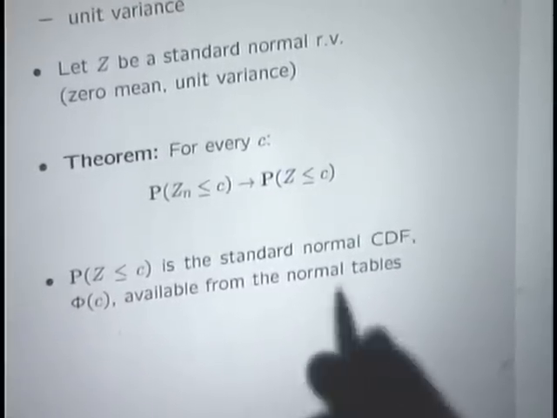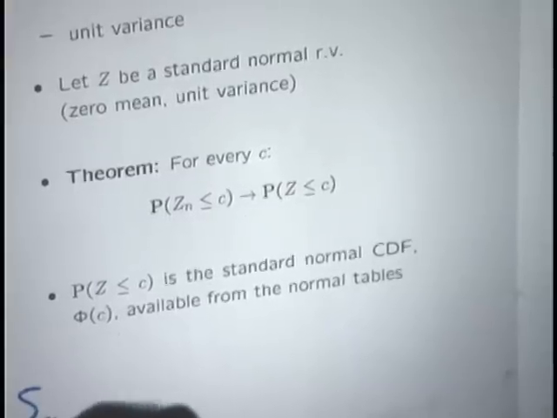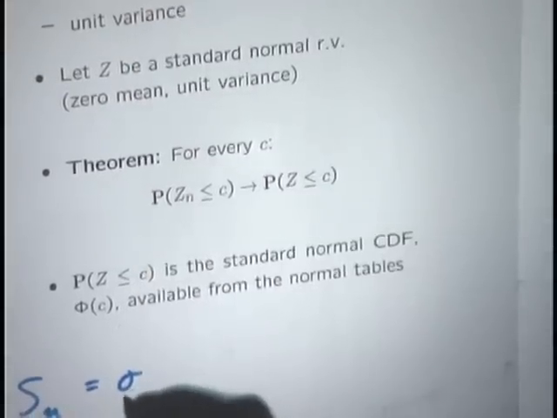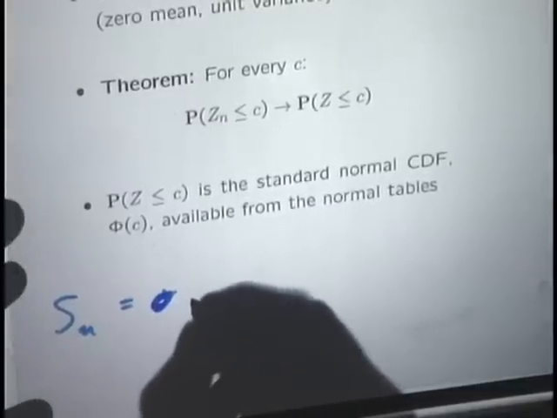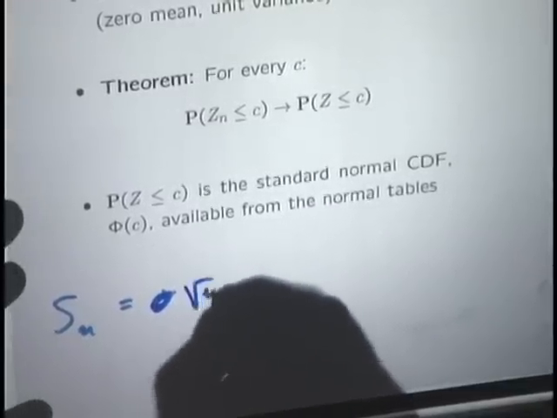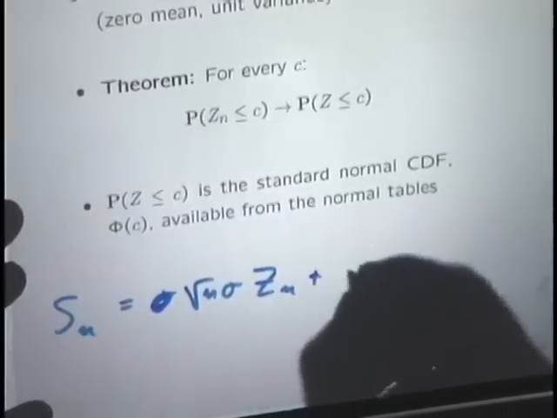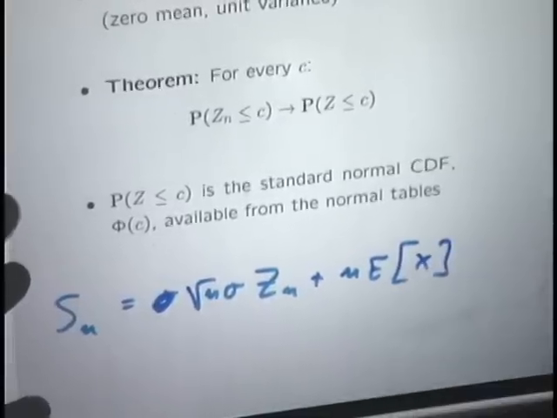Now, it's not Zn that you're interested in. What you're interested in is Sn. And Sn is obtained by inverting this relation here. Sn is square root n sigma Zn plus n expected value of x.